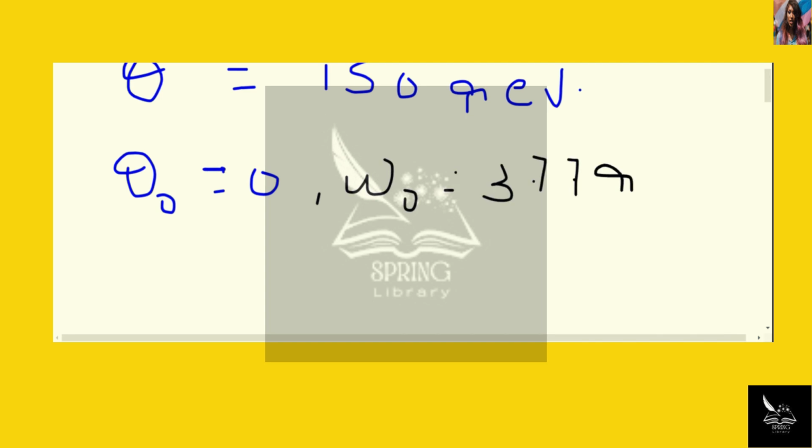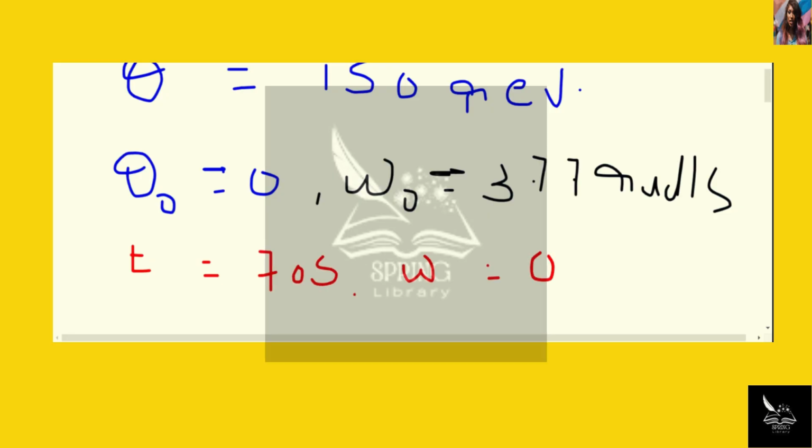Moving further to the next part, the coasting to rest: theta 0 will be 0 and omega 0 is 377 radian per second. These are the known conditions. Now we are going to put in time t equal to 70 seconds and omega is 0.